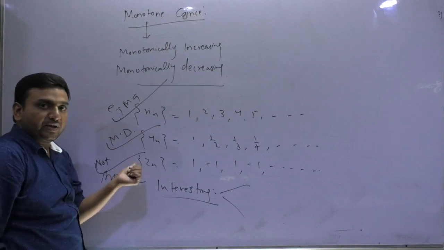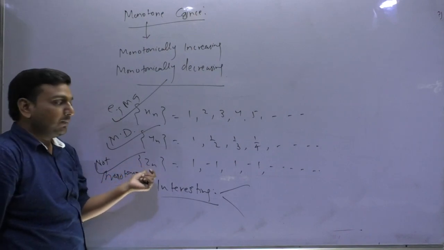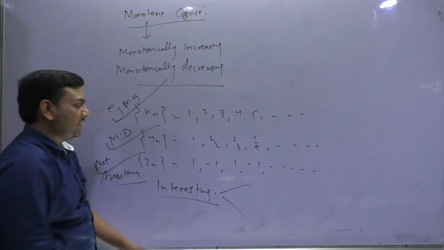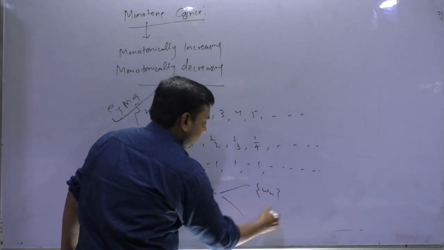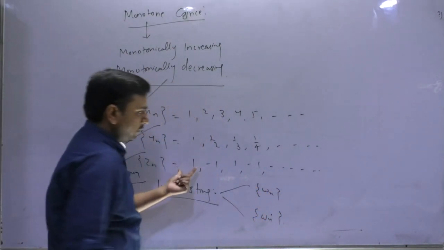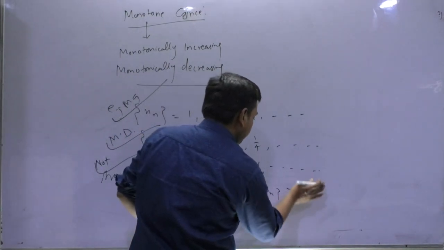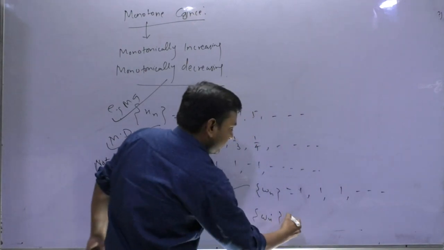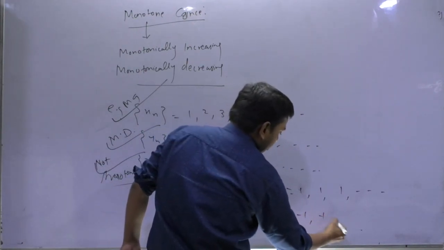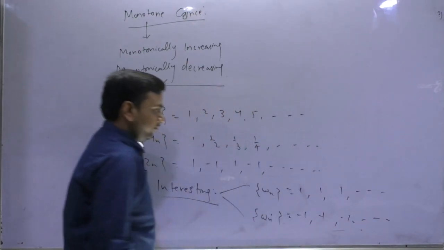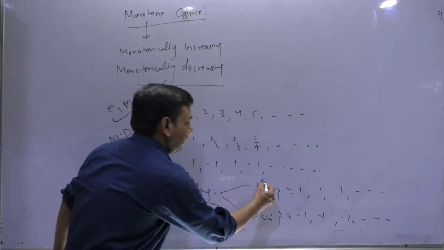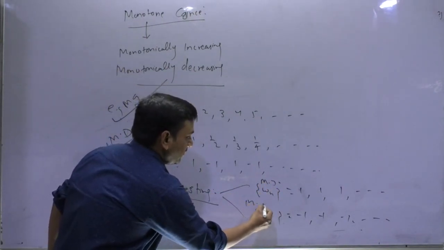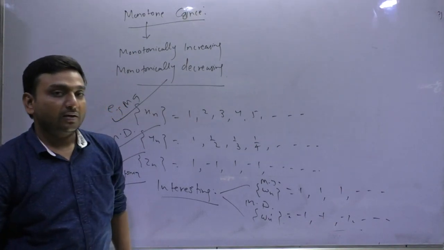Although this sequence is not monotonic, we can create some subsequences, let's say Wn and W dash n, from this sequence: the first term, third term, fifth term and so on. Second sequence -1, -1. This sequence is monotonically increasing, this sequence is monotonically decreasing.